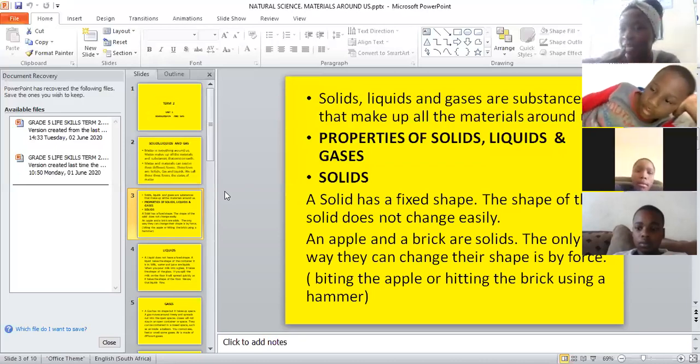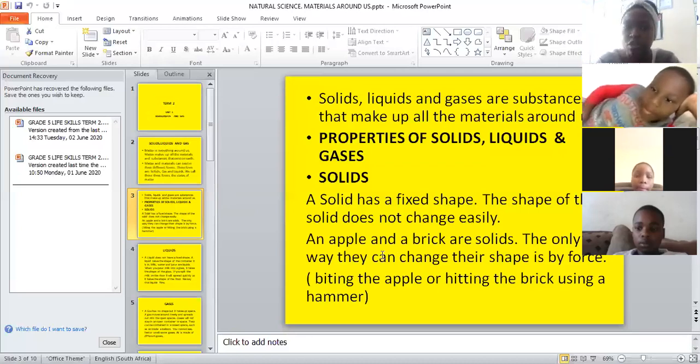For an example, I cannot bend or squeeze this rock. An apple, if you bite an apple, the shape of the solid would change. But if I were to say, let's bend this rock, it won't change.